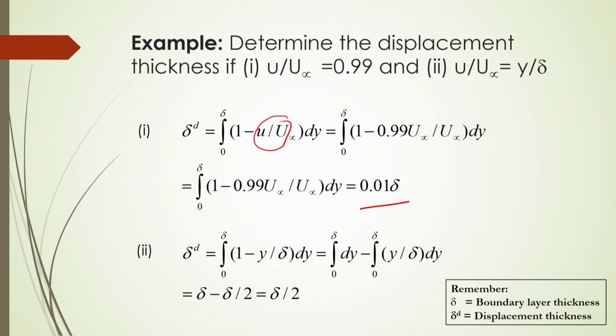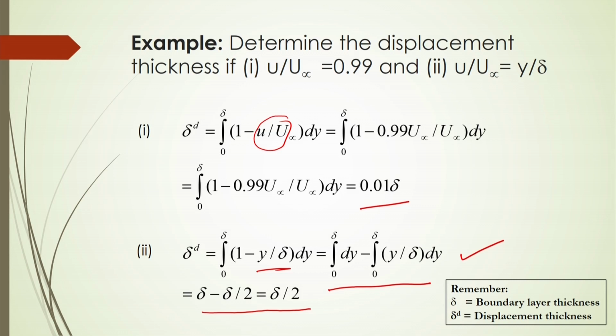And in the other case, if u by u infinity is a function of y, then how will the displacement thickness be? That is case 2. In this case, we substitute u by u infinity as y by delta. After integration, we get this value as delta by 2.